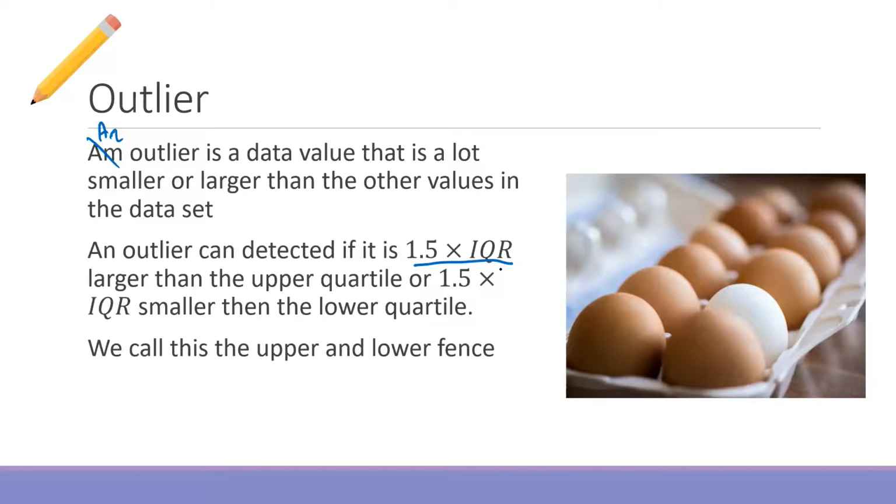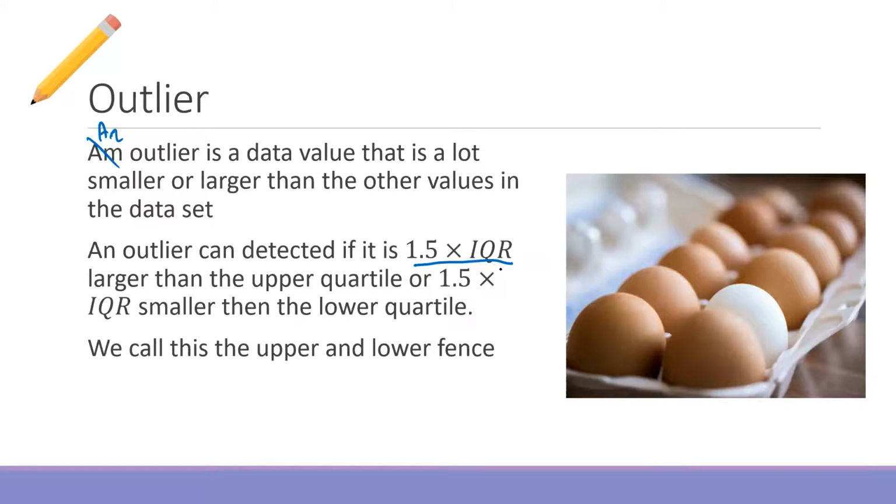We could have chosen one IQR larger than the upper quartile. We could have chosen 2 times the interquartile range larger than the maximum. We could have chosen 1.5 times the IQR larger than the median.